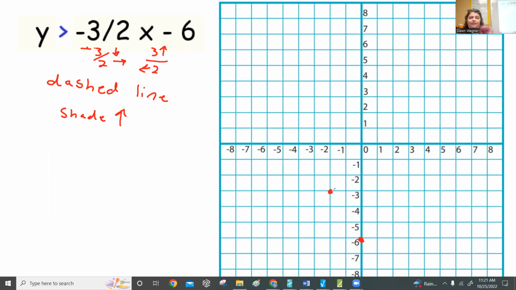Yours should look the same direction as mine, and it's dashed. Dashed means it's not solid, so you have to make sure you make it like this. And now I'm going to be shading. And I said I was going to be shading up.